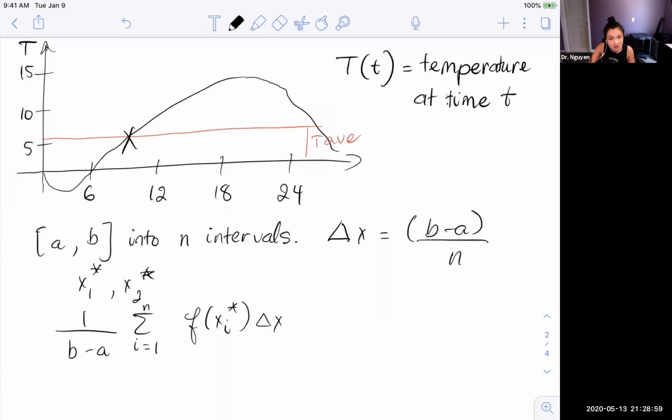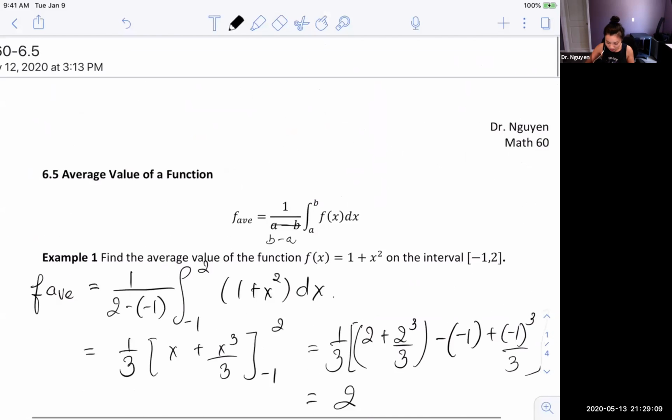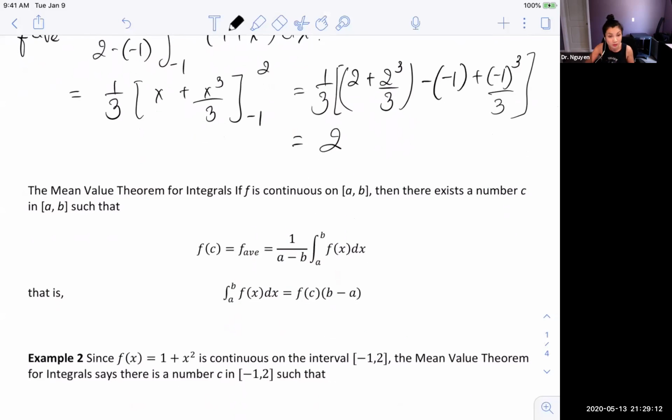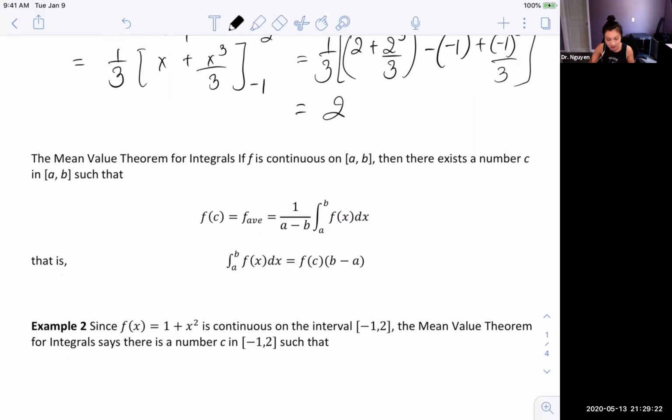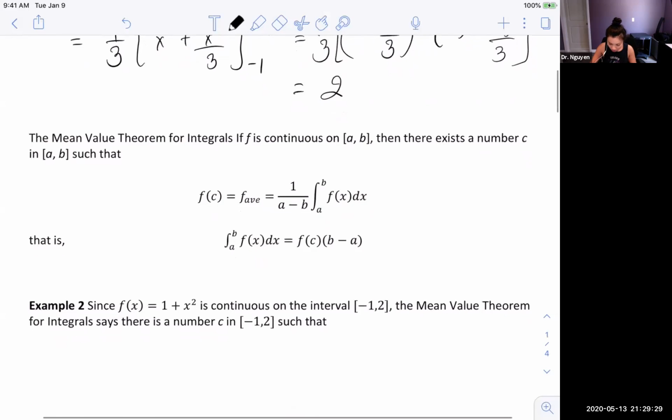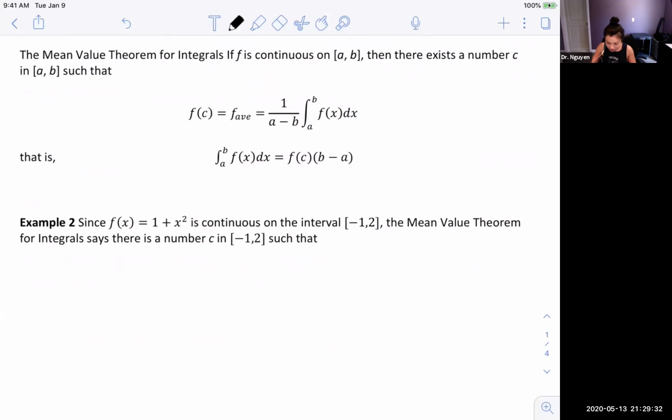Now, if I change the function a little bit, we might get more than one time. So that's pretty much the mean value theorem for integrals. So if f is continuous on [a, b], then there is a number c such that f of c is going to be the average value of the function. Okay, so it's straightforward. Anyway, let's go to number 2.